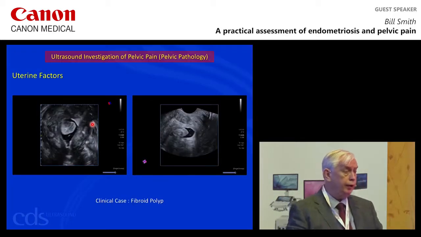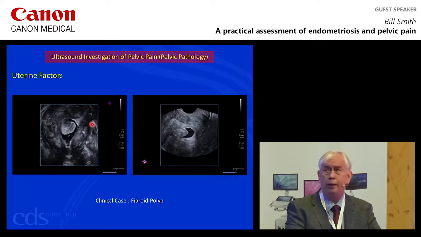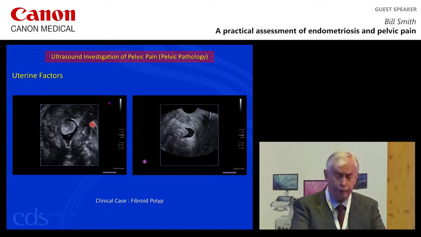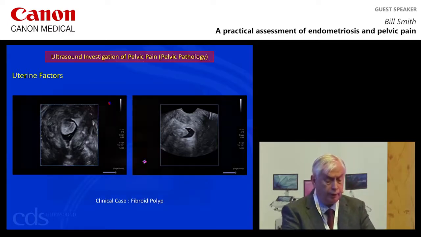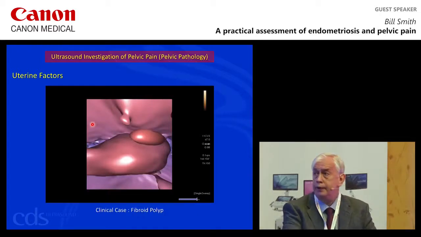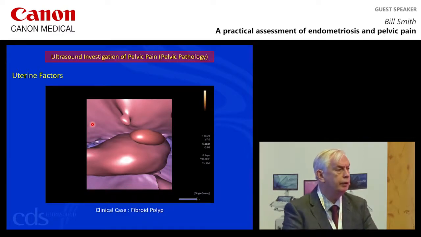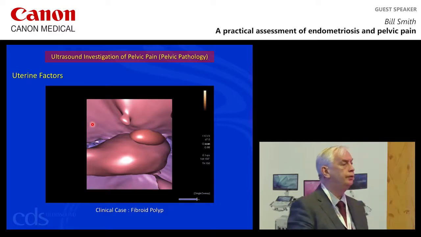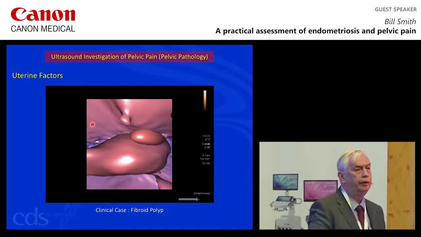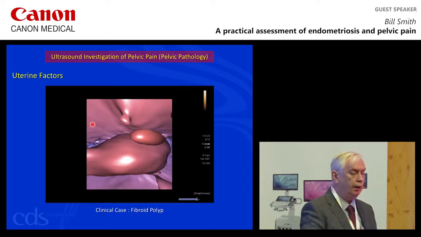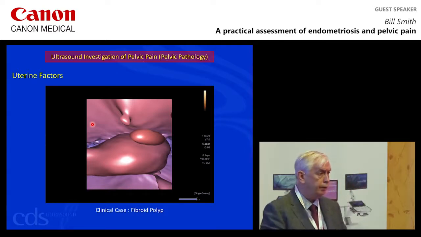There are other uterine causes of pelvic pain. Certainly if we have intracavitary pathology, and certainly fly-through has become tremendously important to us, not just in imaging intracavitary pathology, but passing that information on to the surgeon, and particularly in pre-surgical assessment, fly-through is of tremendous importance.